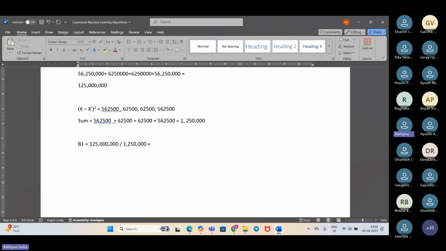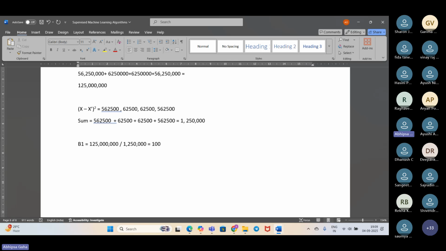So when we divide, the value we come up with would be 100, right? There are six zeros in the numerator and four zeros in the denominator. So we'll get 100, right? So the value of B1 we will be getting as 100.